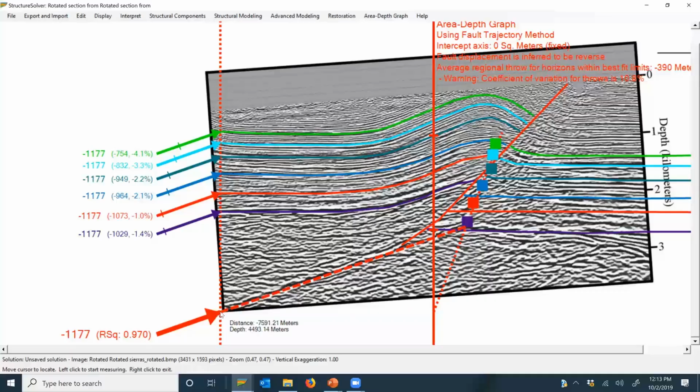So the addition for the fault trajectory method is that we're taking into account the throw on the fault. And so we're using the displacement from the slope of the area depth graph, as well as the throw, so the difference in the depth of the footwall versus the depth in the hanging wall, to also get the dip on the fault.